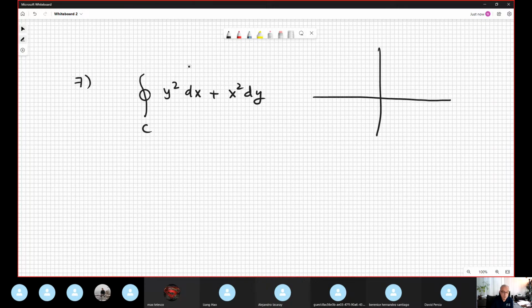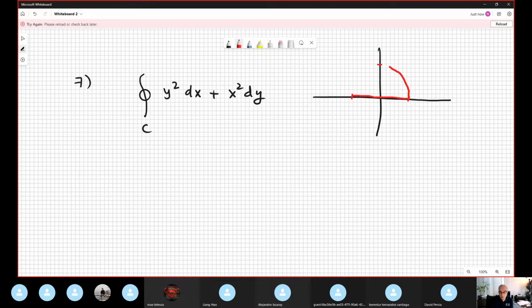Let me try. We start here at -1, and 1 here. This is the curve, in that direction. This is my curve C. This is x, and this is y.